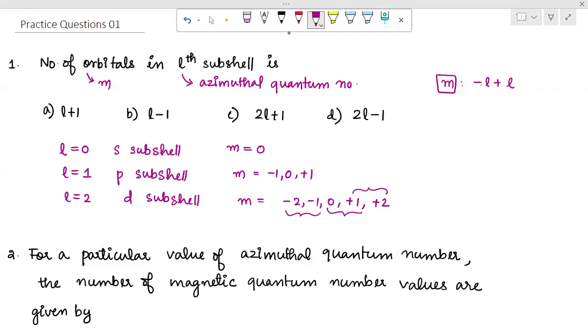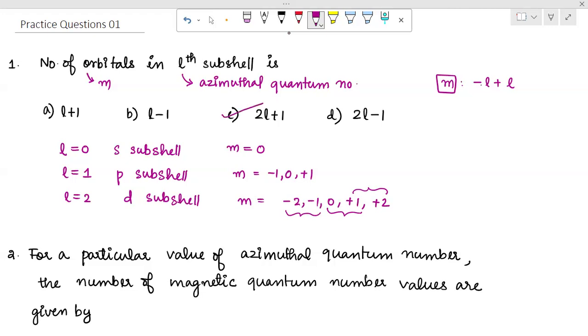When the value of L is equal to 0, the number of orbitals is equal to 1. When L is equal to 1, the number of orbitals is equal to 3. When L is equal to 2, the number of orbitals is 5. And from this, it is clear that the number of orbitals is equal to 2L plus 1, right?